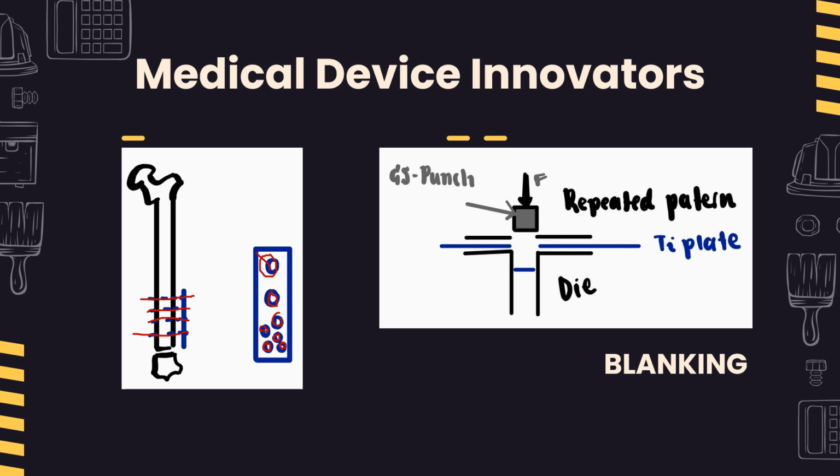I decided, and it was also requested, to use blanking. Here, what I'm drawing in red is our titanium plate, and we include here a really strong punch in order to be able to break the titanium plate.